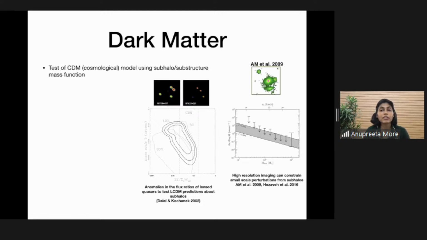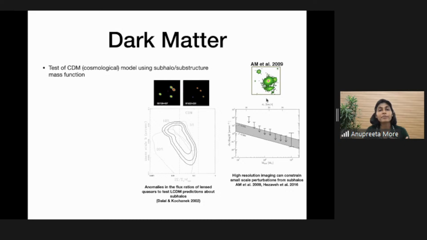And similarly, this particular analysis was based on perturbations due to the magnifications. There are other analyses also done where we are looking at perturbations to the positions of the images.